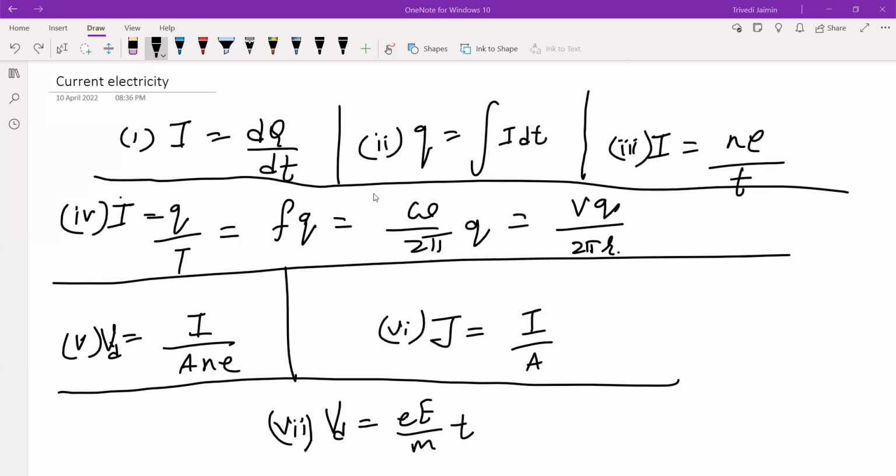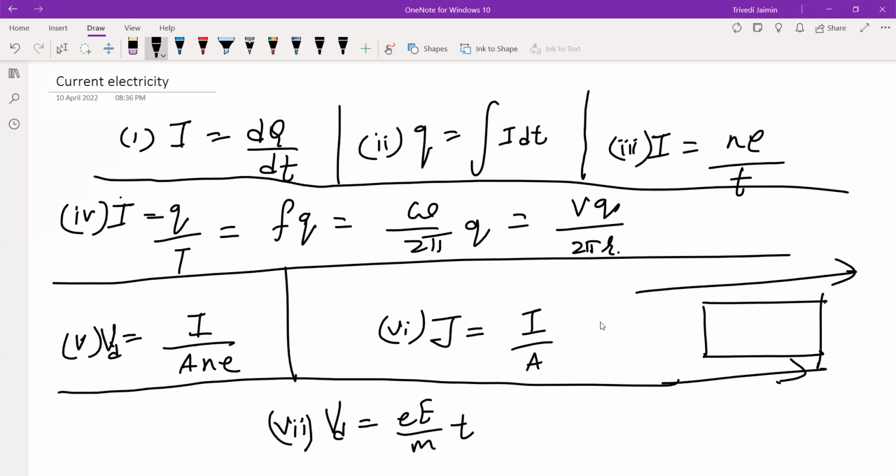It will always be opposite. For a metal with an electric field applied, the drift will be opposite to that. So at the center it will be E equals 0.